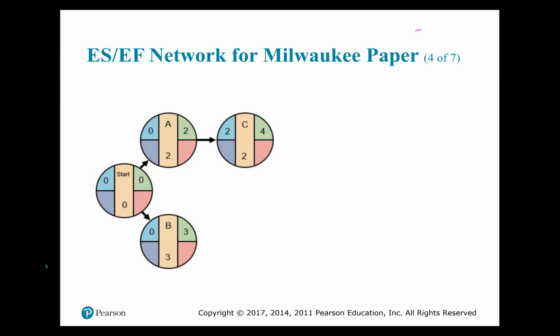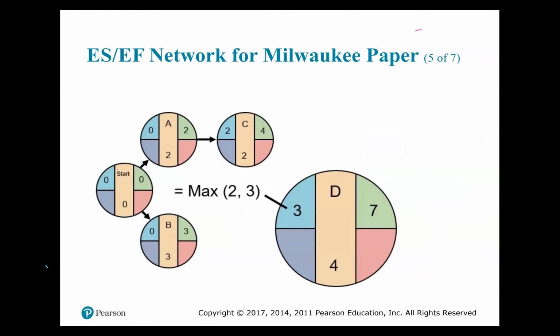Now, we're continuing with our diagram drawing. If you go back and look at your initial drawing of the network, you will find that the immediate predecessor for C is activity A, right?